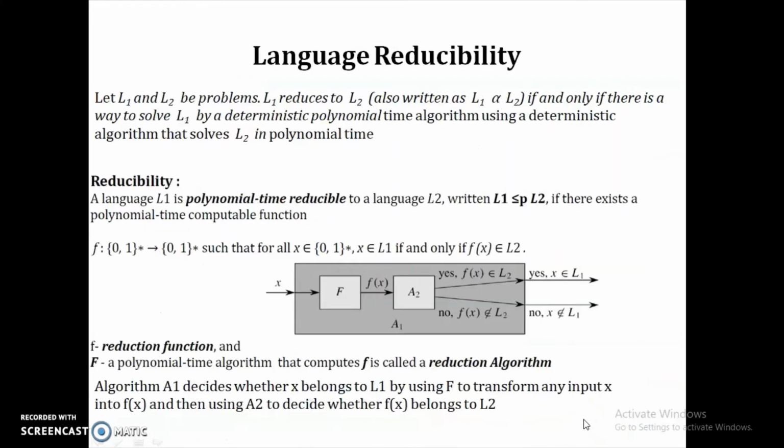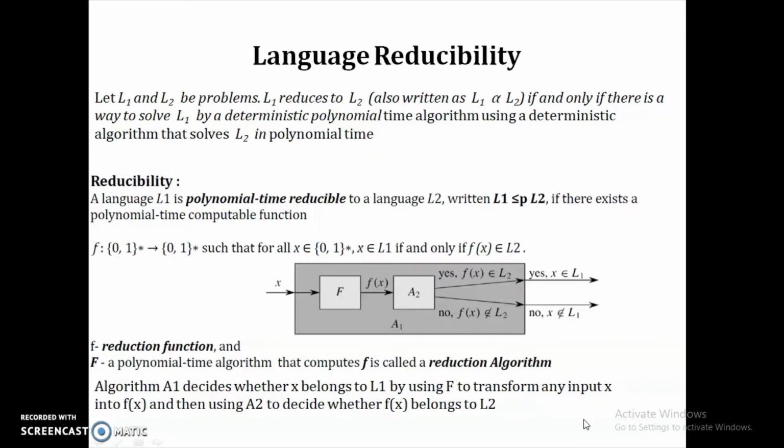Let's say language reducibility. Here let's take two problems, L1 and L2, and I have to solve the problem L1. For that I would have to write an algorithm A1, right? Instead of writing algorithm A1 separately, I am going to use the algorithm A2 which is written for language L2. But what is the input for this A2?